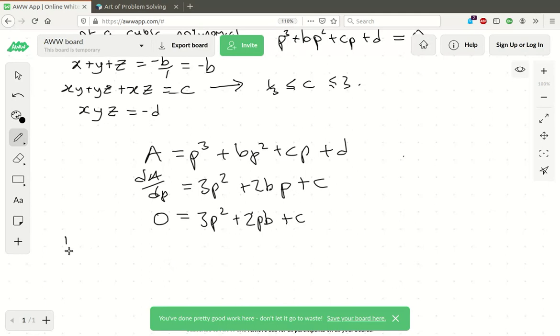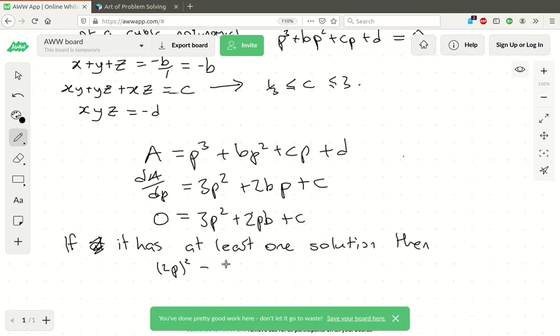So if it has at least one solution, then the discriminant of this should be greater than or equal to 0. So, 2b squared minus, that is a quadratic in p. Silly me. So 2b squared minus 4 times 3 times c. That's got to be greater than or equal to 0.